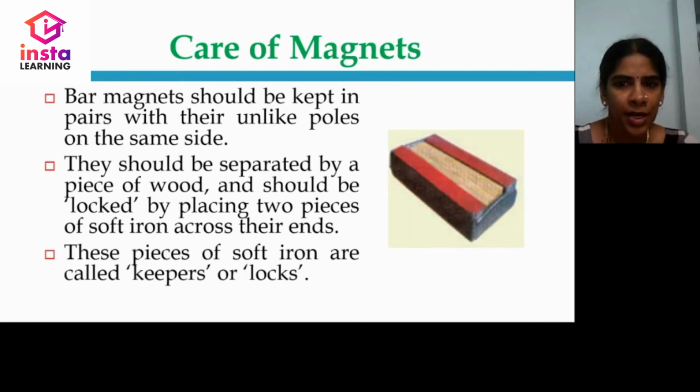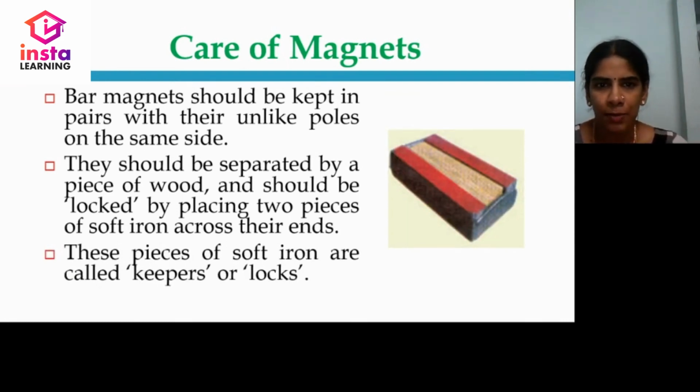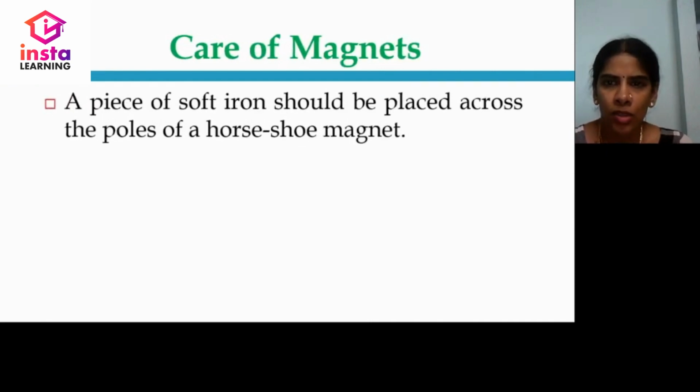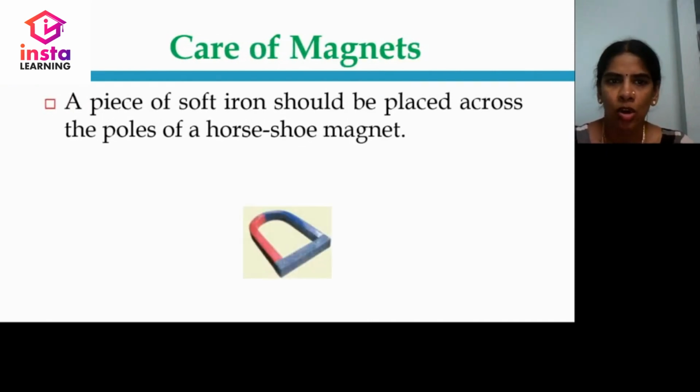They should be separated by a piece of wood, and should be locked by placing two pieces of soft iron across the ends. These pieces of soft iron are called keepers or locks. A piece of soft iron should be placed across the poles of the horseshoe magnet.